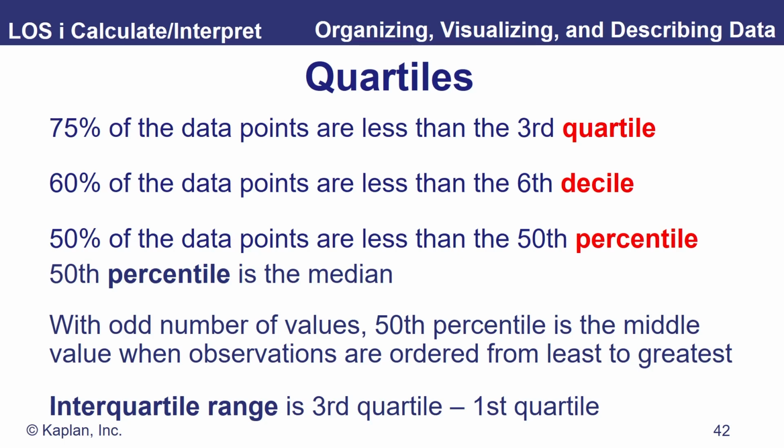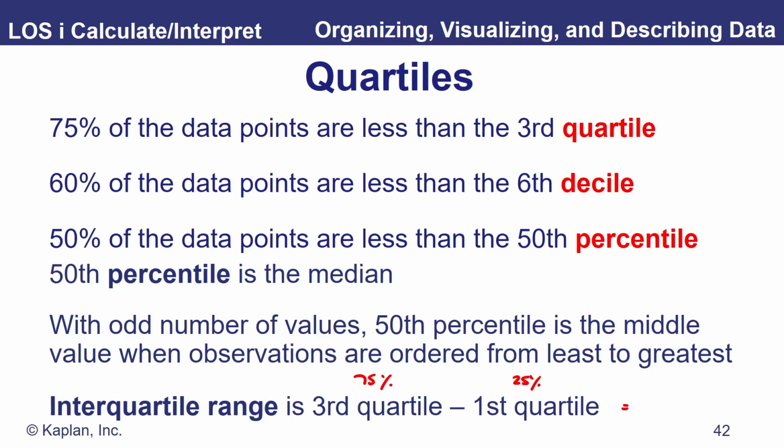Another thing we should be aware of before pushing on here is the interquartile range. Now notice the interquartile range is the third quartile minus the first quartile. So the third quartile, 75% of your observations, and again, remember, we're ranking from lowest to highest here. So 75% of your observations lie below the third quartile. 25% of your observations lie below the first quartile.